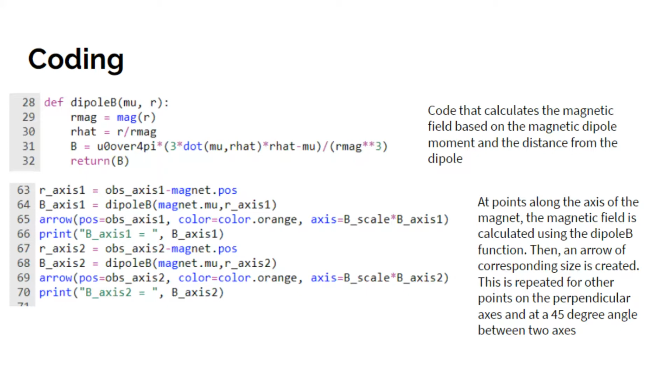And then we do the same at 12 other points, 4 on the perpendicular axes to the magnet axis, and then at 8 points on corners at a 45-degree angle from the magnet.